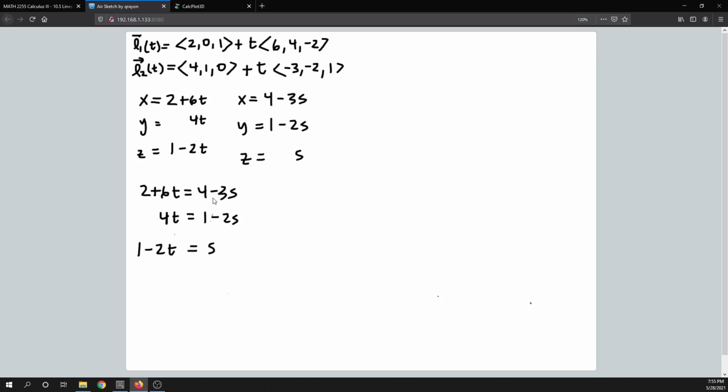And then we would just try to solve this system. So we would pick one of the equations and solve for either s or t. I am going to choose this one because it is already solved for s. So that is pretty easy. I don't really have to do anything. And now I would just go to one of these other equations and substitute in the 1 minus 2t for s. Okay, so I'm going to go ahead and do that up here.